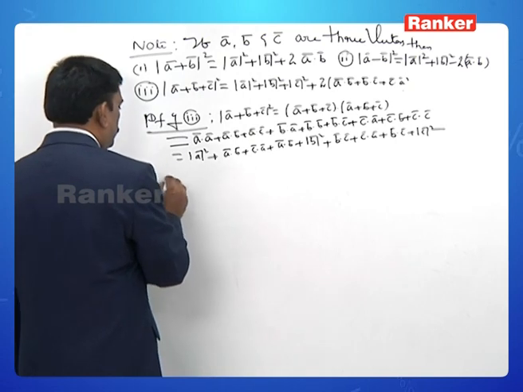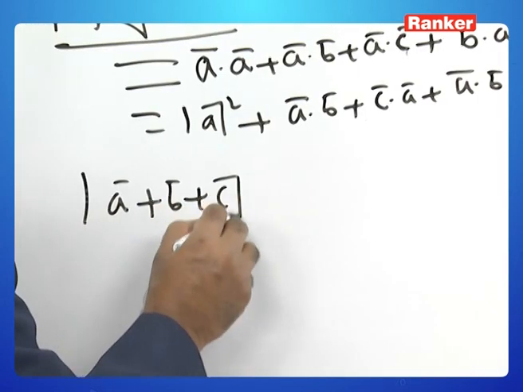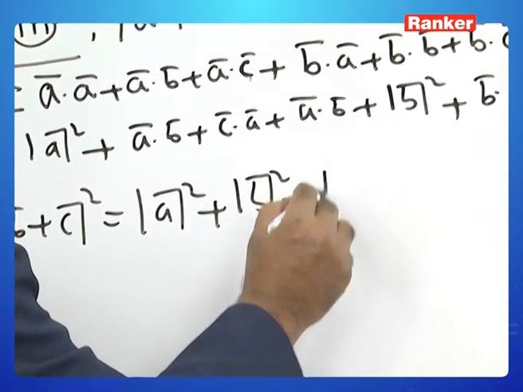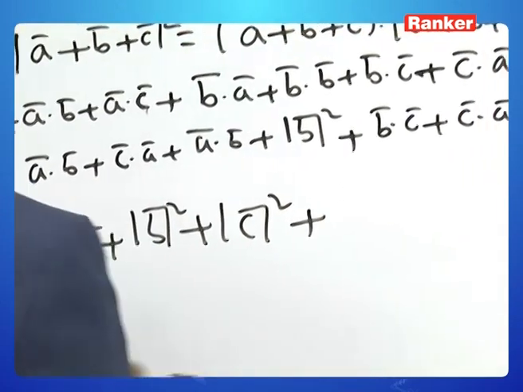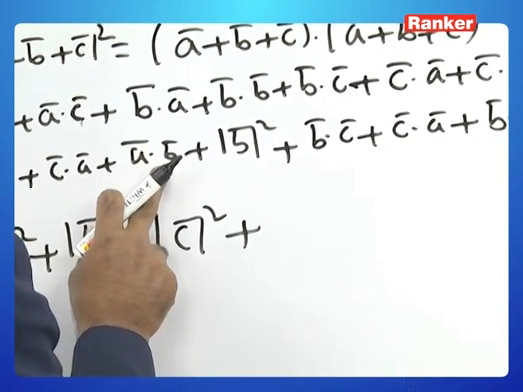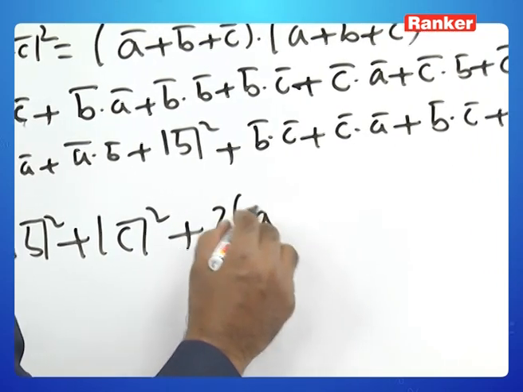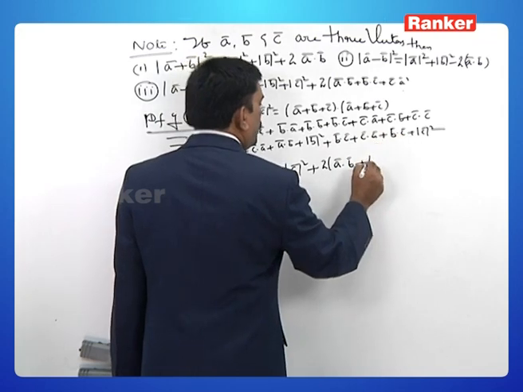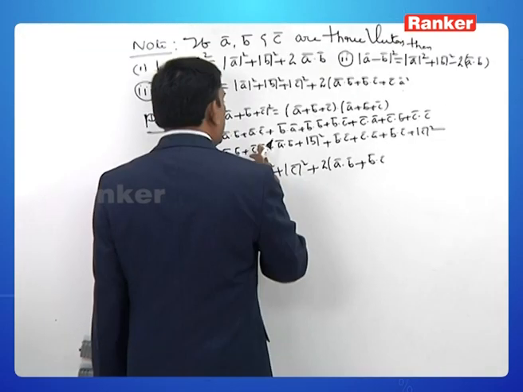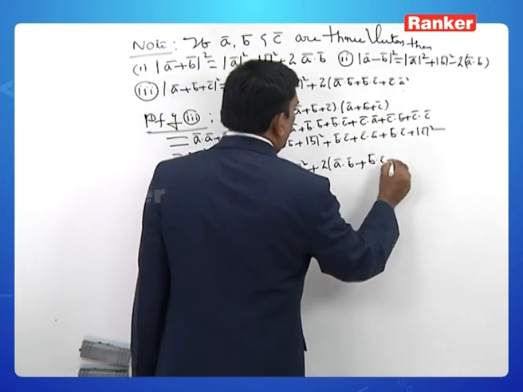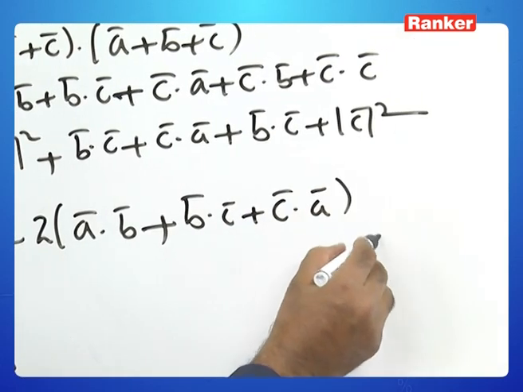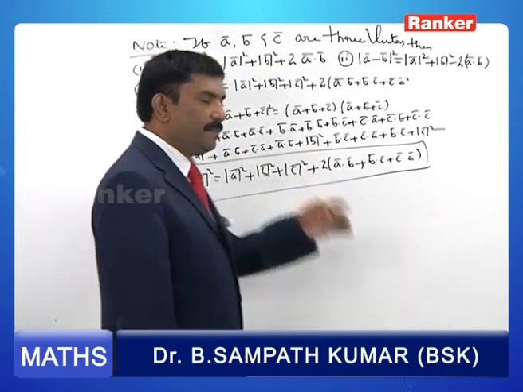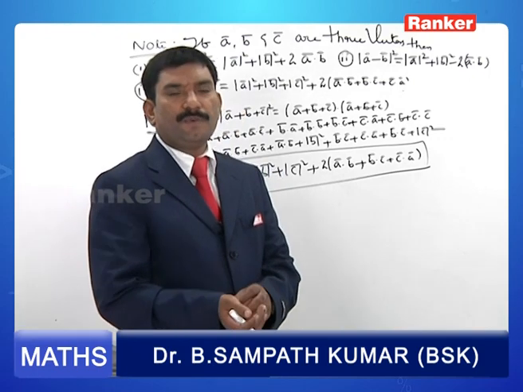Now we have mod A whole square plus mod B whole square plus mod C whole square plus 2 into A dot B plus B dot C plus C dot A. Yes, it has many applications in the dot product.